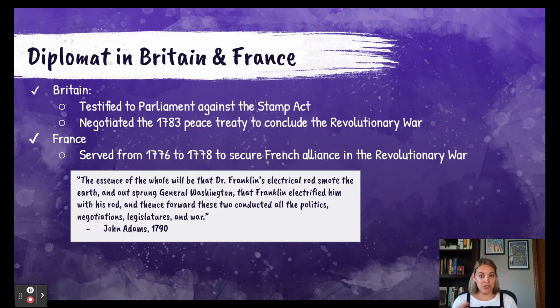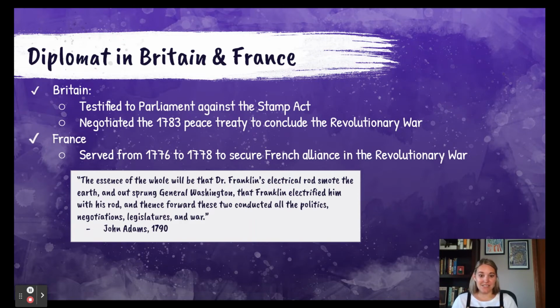Then he later is going to travel to France, where he is instrumental in securing the French alliance, which was an essential part of the American victory against the British in the American Revolution. And once the war was concluding, he helped to negotiate the peace treaty that concluded the Revolutionary War, the Treaty of Paris, 1783.